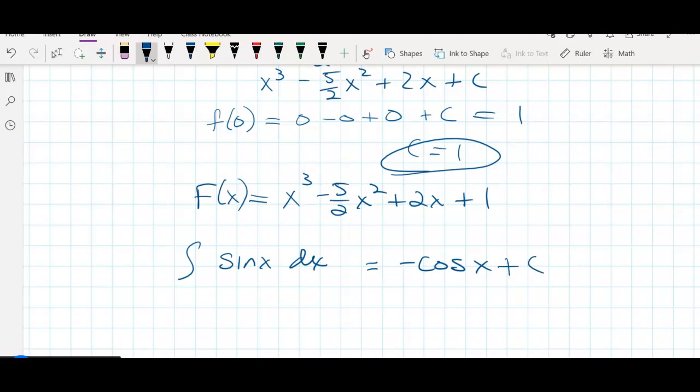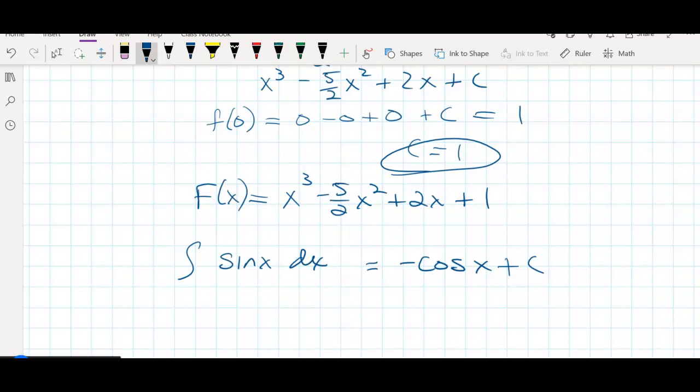Stop yourself and say, okay, everybody, what's the derivative of negative cosine? Well, the derivative of cosine is negative sine. Negative times negative sine is? Check yourself. You can always check yourself when you're doing an antiderivative by taking the derivative of your answer. Don't forget that.